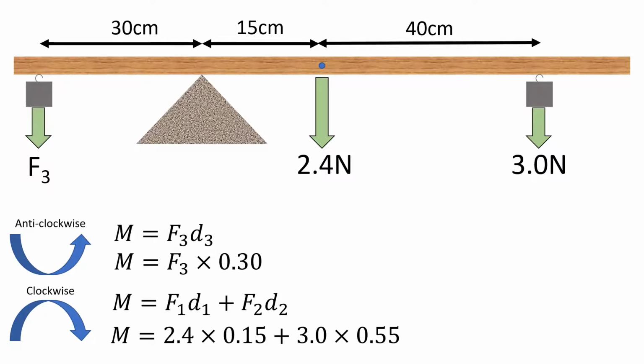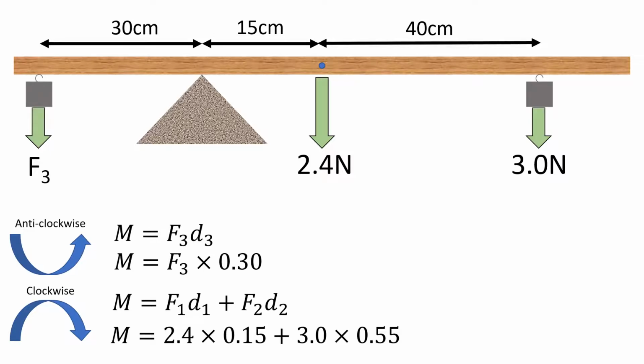So we can rewrite that as 2.4 times 0.15, so that's F1 is 2.4, D1 is 0.15 meters, and we can then add in 3 newtons times 0.55.